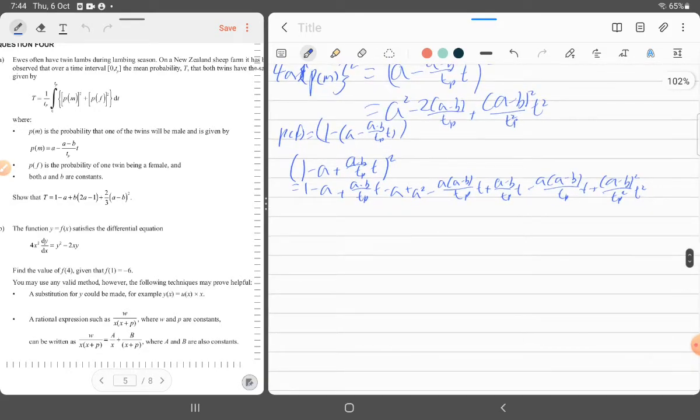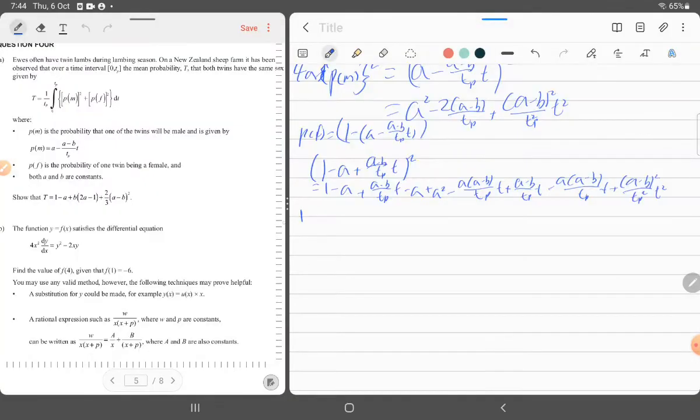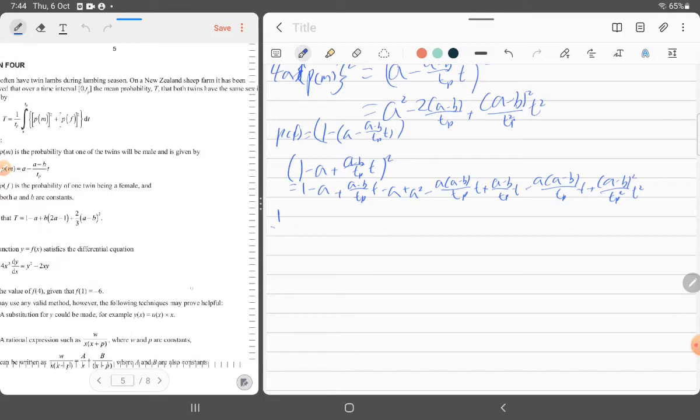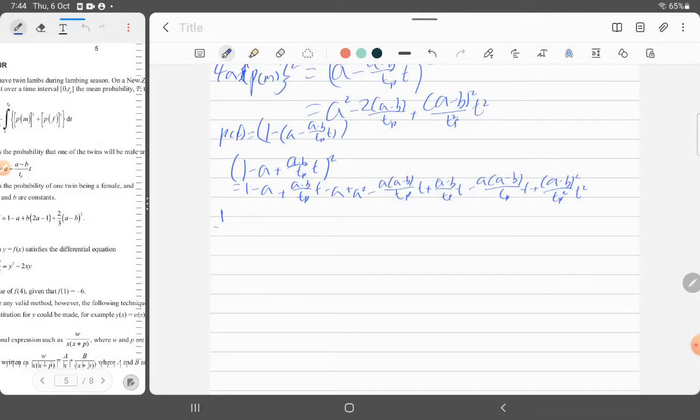So we integrate, combining some like terms. I guess I want more space here.